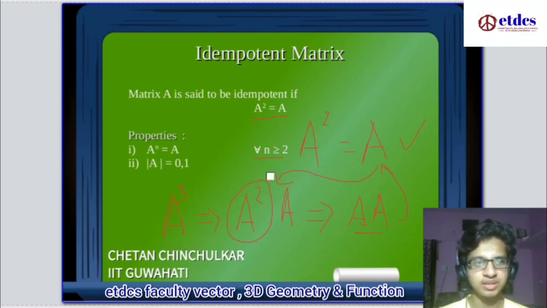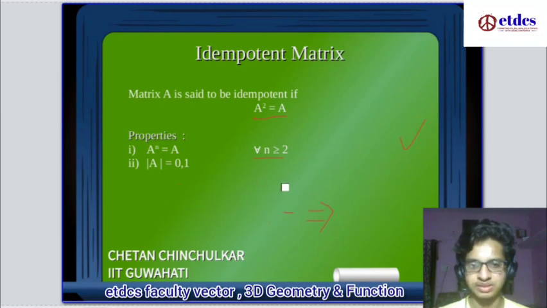Similarly, for any power n greater than or equal to 2 of an idempotent square matrix, we get the matrix back.